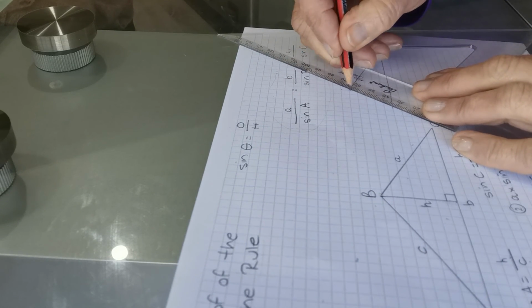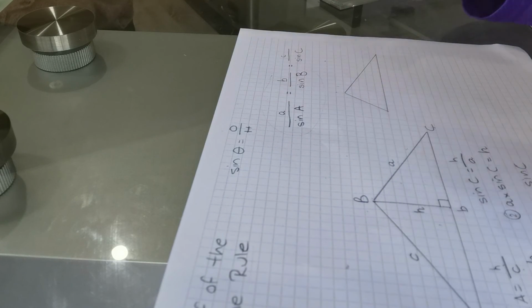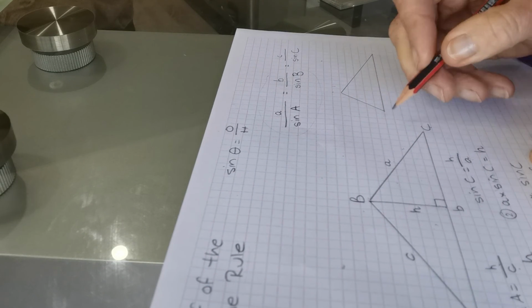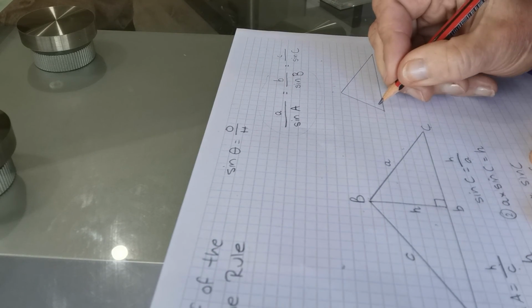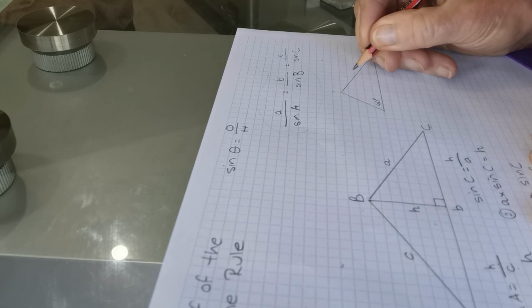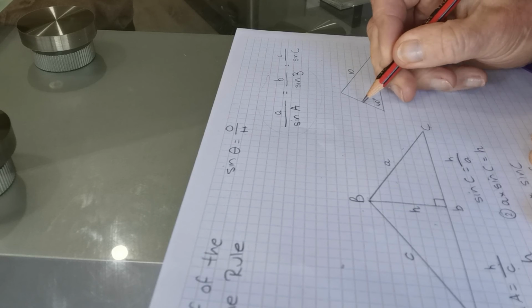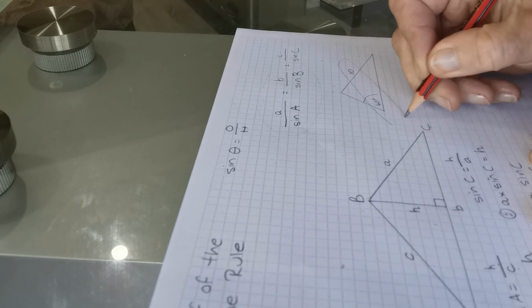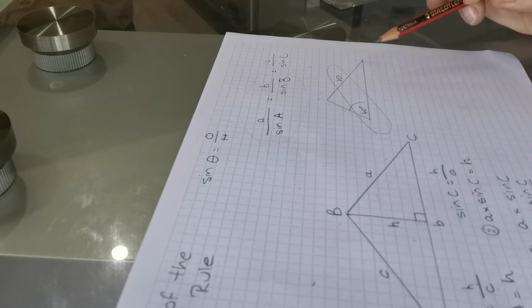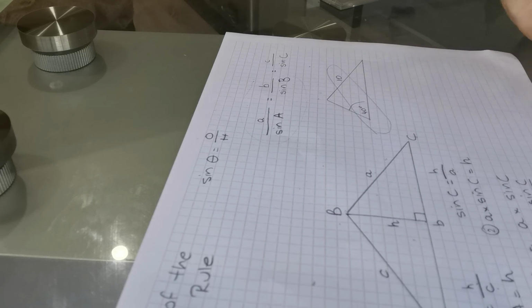So if you had, say, 40 degrees here and you had 10 over here, you have a pair. You have a pair, a side length and an opposite angle.